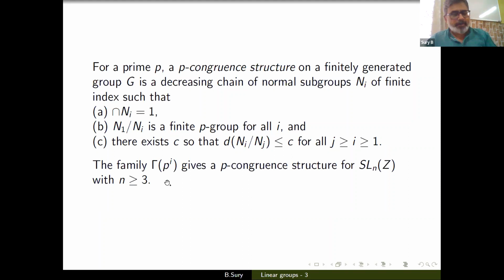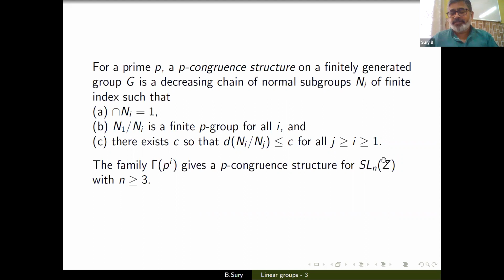One of the examples, so we discussed yesterday, I think, that for SL_n(Z), look at the kernel of the map from SL_n(Z) to SL_n(Z mod P); it is torsion free. The notation for that kernel, suppose you call it gamma of P. Similarly, you can call gamma of P^i the kernel of the homomorphism from SL_n(Z) to SL_n(Z mod P^i Z).